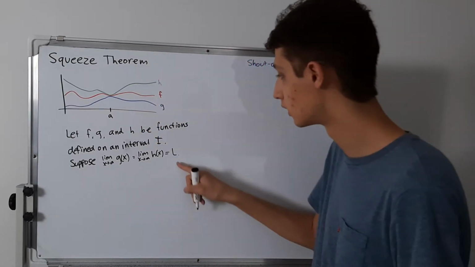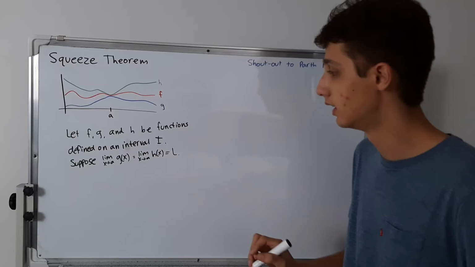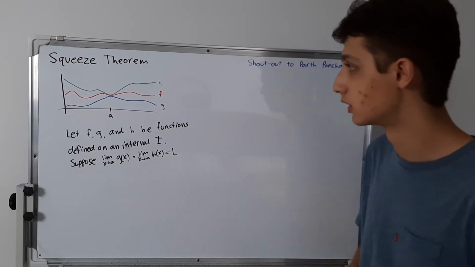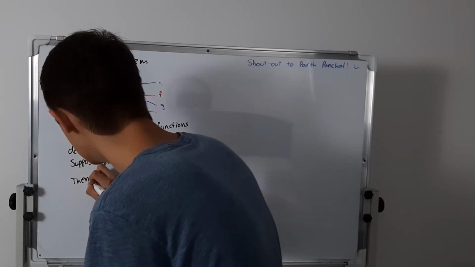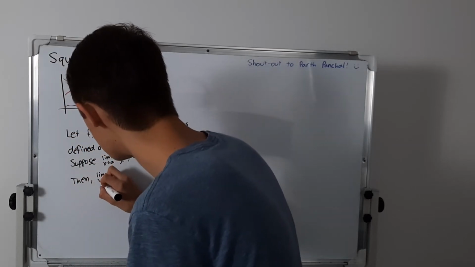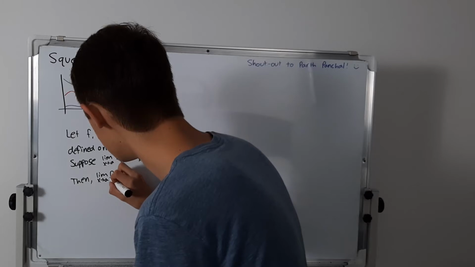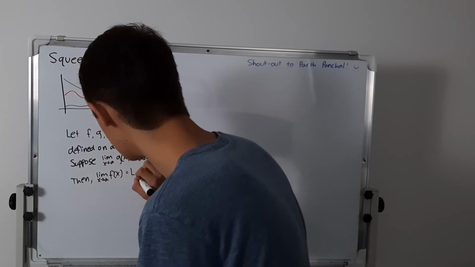Okay, so I decided to call this capital L. So if these two things are true, then the limit as x approaches a of f of x equals L.